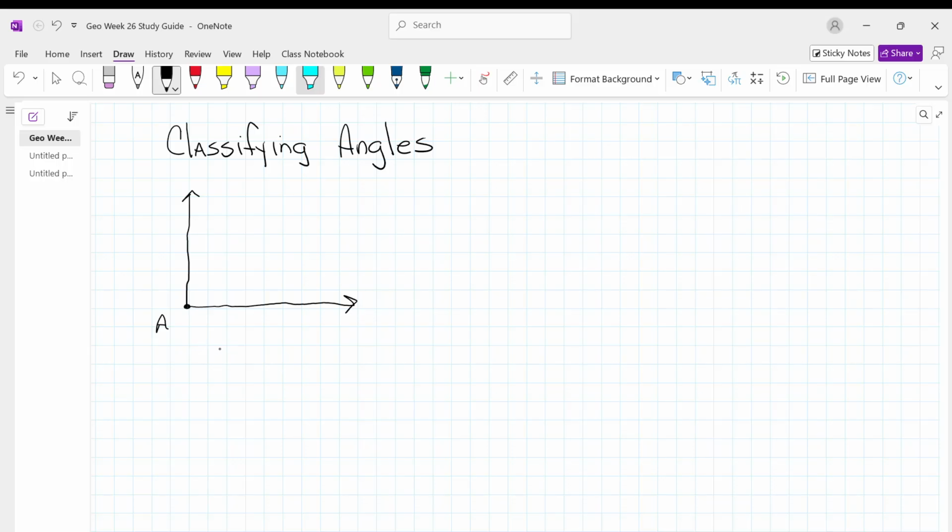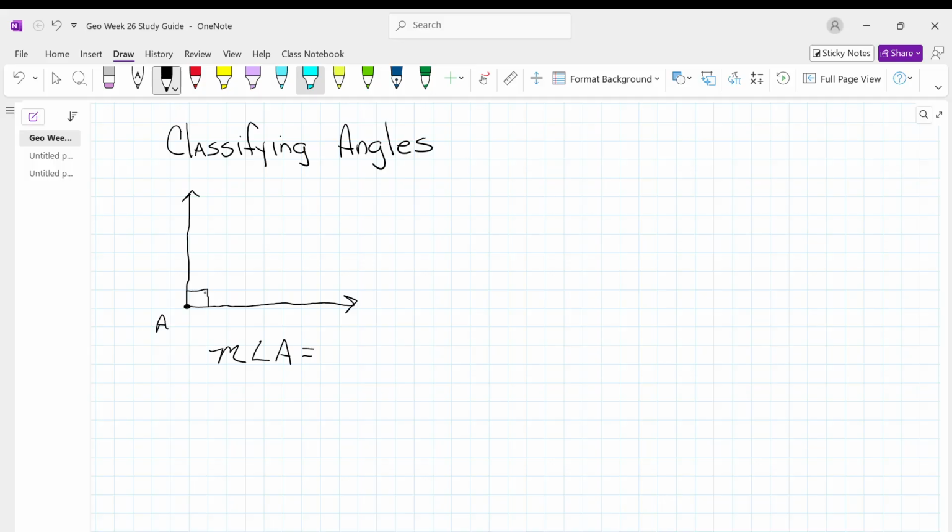Now, lowercase m, angle symbol, and vertex A, you would read this as the measure of angle A. And if angle A is a right angle, you'll either be told that it's a right angle or you'll see a little symbol down here at the vertex.